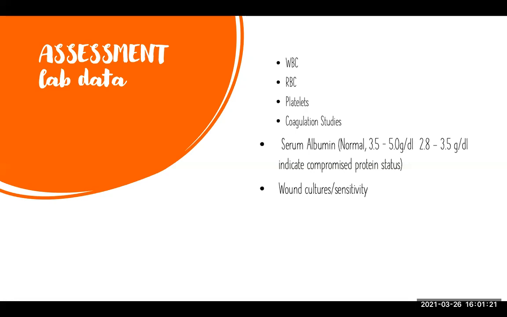Anything less than 3.5 would be considered too low, and it may indicate malnutrition in your patient. Wound healing problems also. Wound cultures, we'll do cultures if infection is suspected. And you want to pay attention to what's being cultured and then the sensitivity to it. What medications is the bacteria sensitive to? What will kill it, in other words?